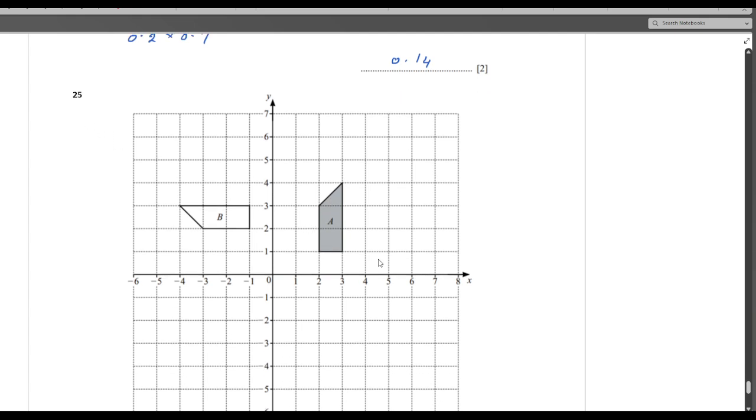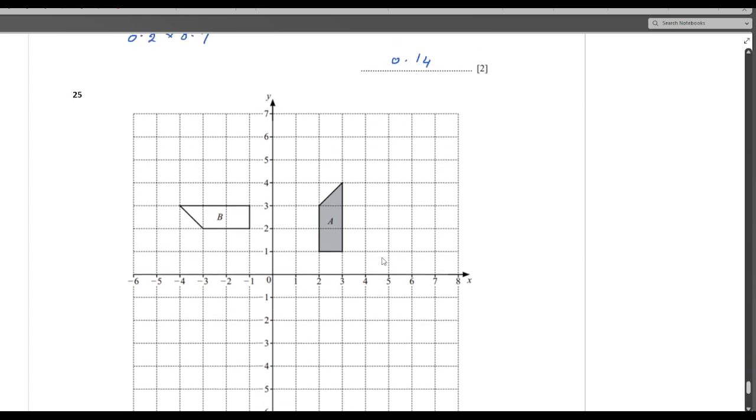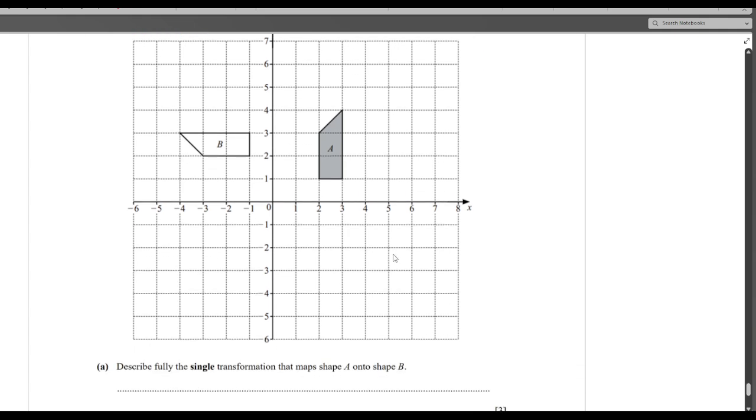Okay, now question number 25. Describe fully the single transformation that maps shape A onto shape B. So, a single transformation that maps your shape A to shape B. Now it's clear that it is a rotation of 90 degrees in the anti-clockwise direction, and your center of rotation is definitely 0, 0.